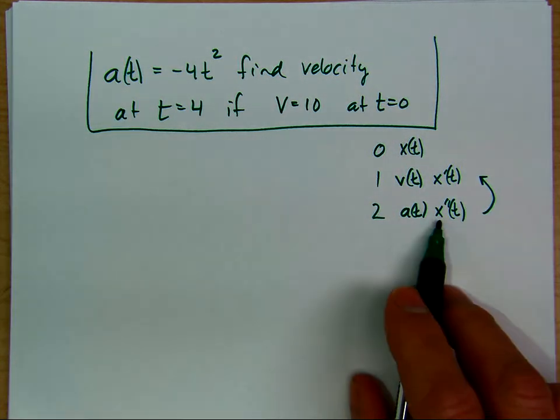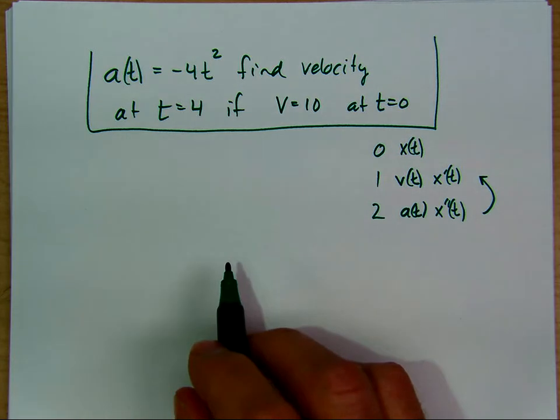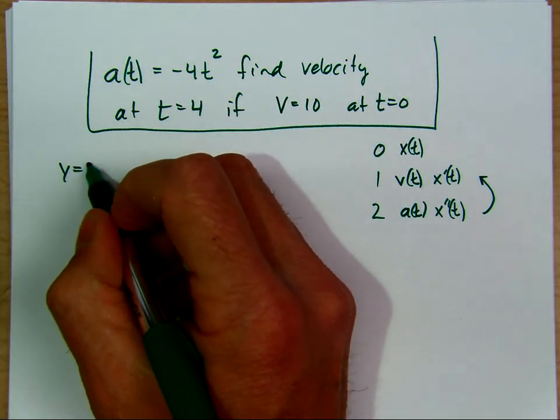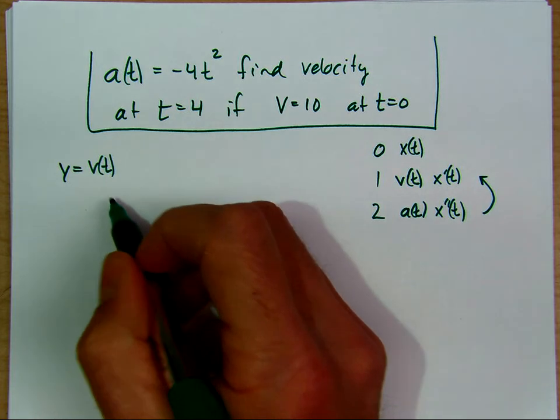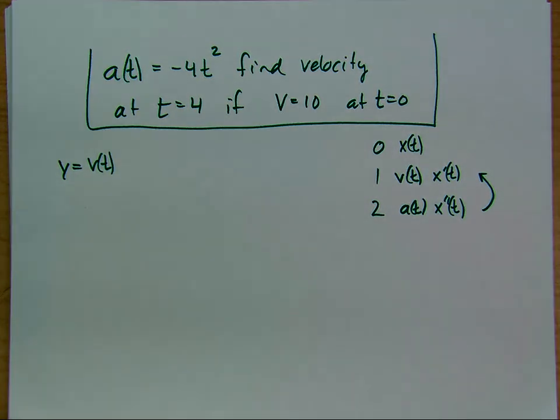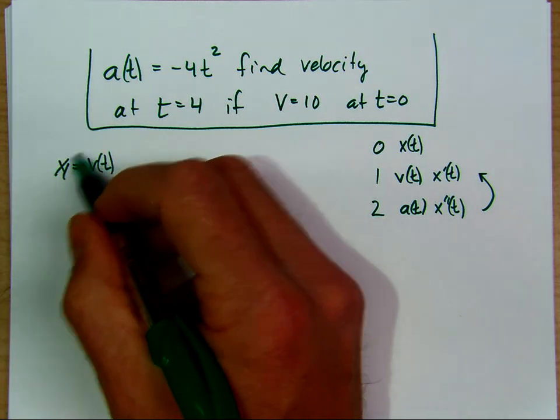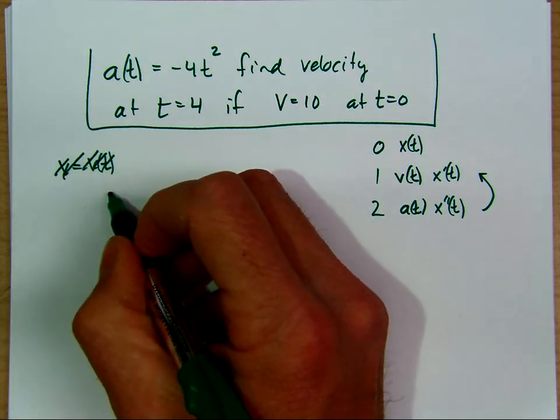We'll say that y equals velocity, just so that we can use Leibniz notation, or we could just say dv dt.